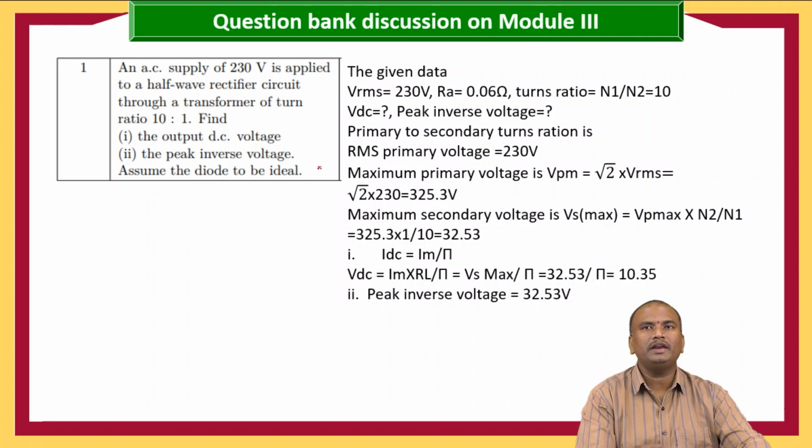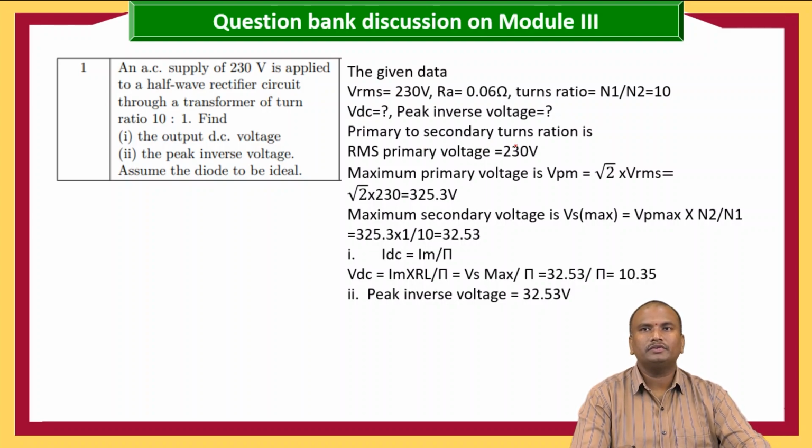Assume the diode to be ideal. The given data: VRMS is equal to 230 volts. Turns ratio N1 by N2 is equal to 10. We need to calculate VDC and peak inverse voltage.